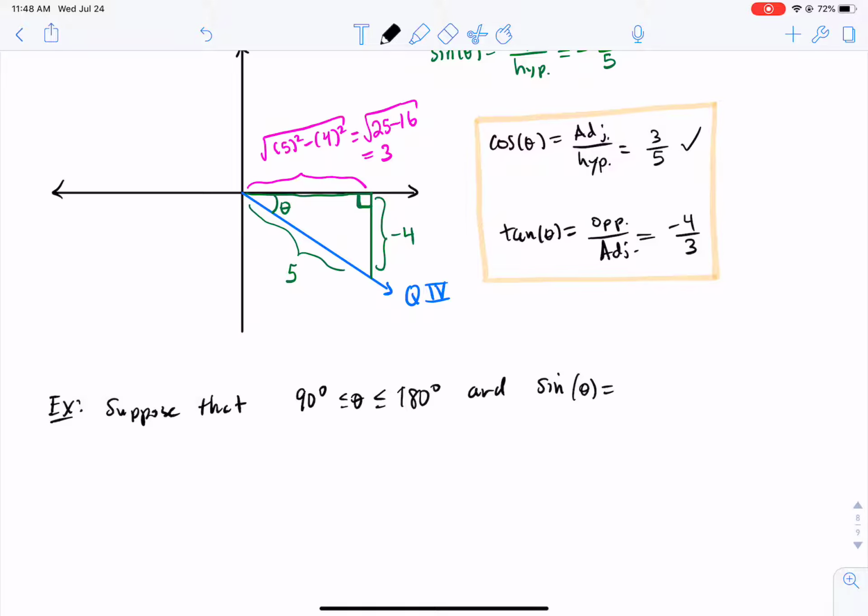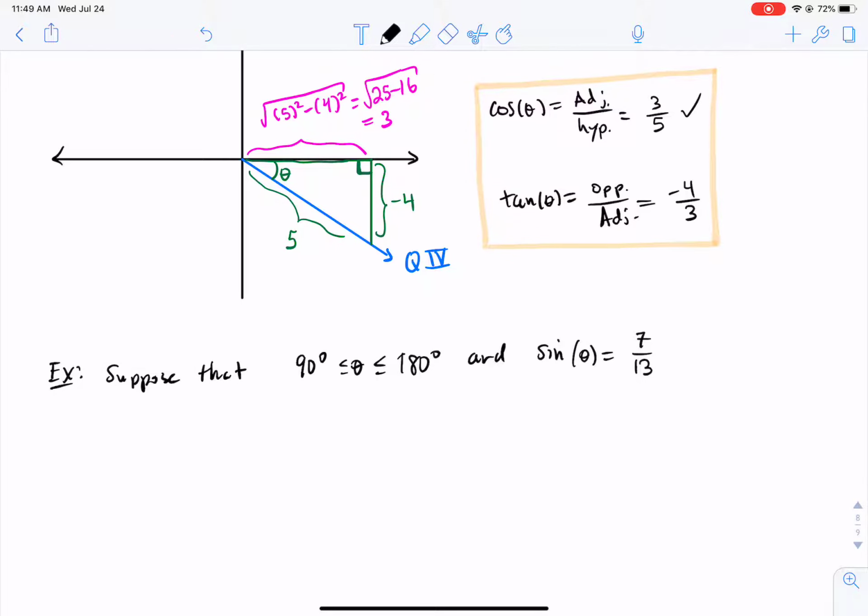Let's put 7 over 13. Suppose that 90 degrees is less than theta and theta is less than 180 degrees, and sine theta is that. Find cosine of theta and tangent of theta.